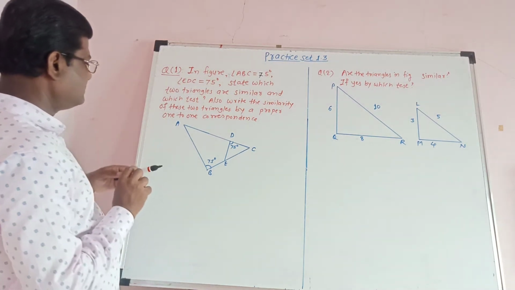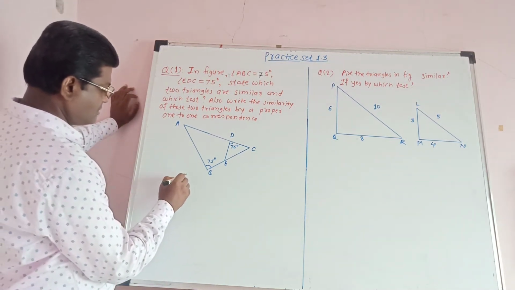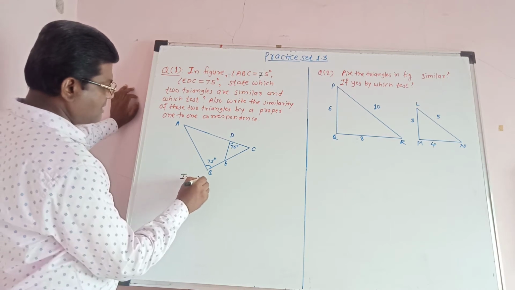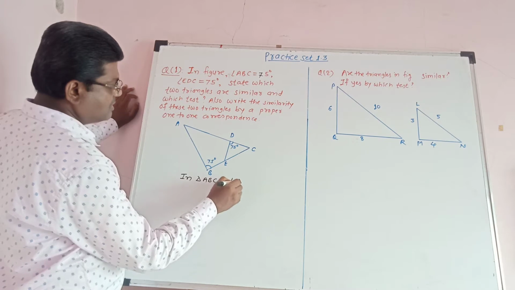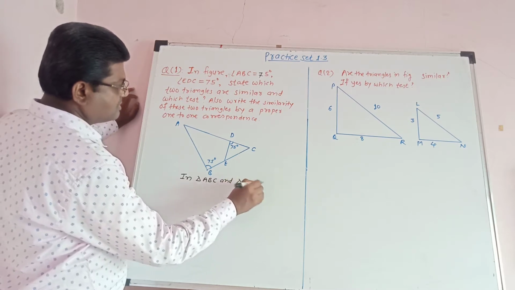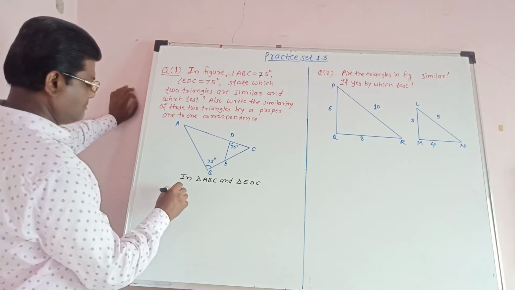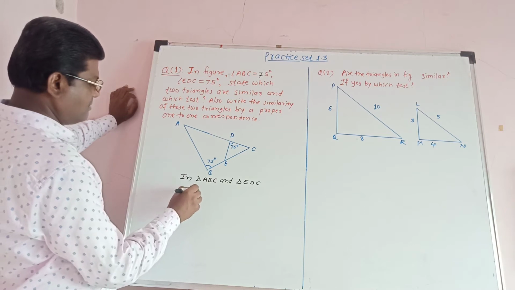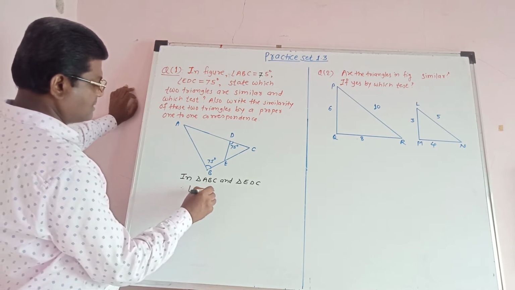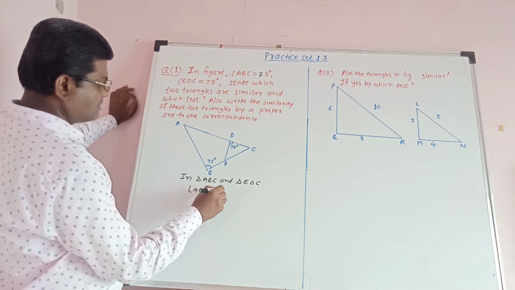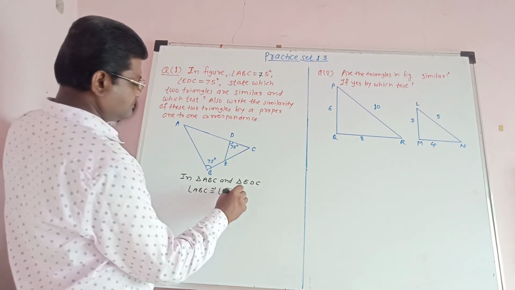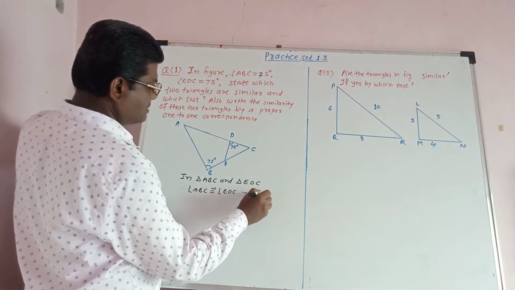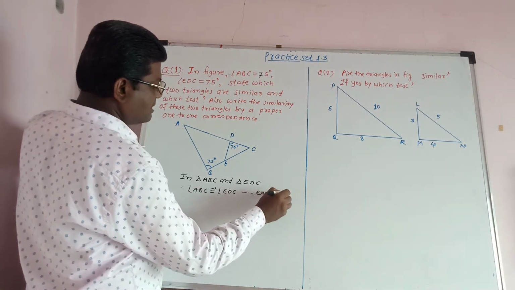So we write, in triangle ABC and triangle EDC, angle ABC is congruent to angle EDC, reason is each 75 degrees.